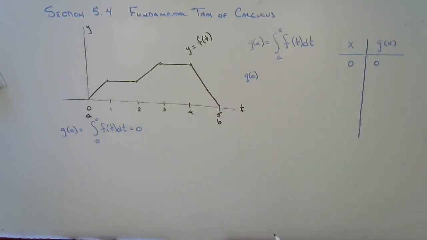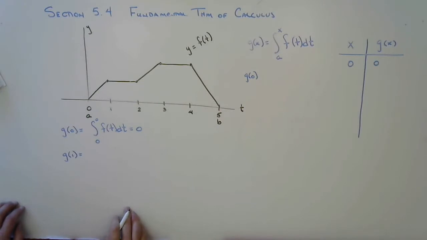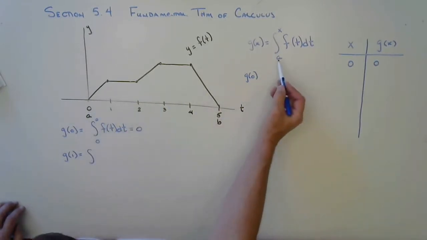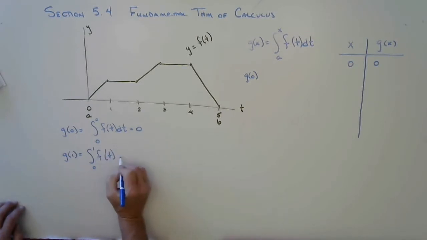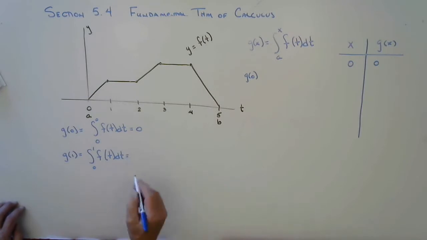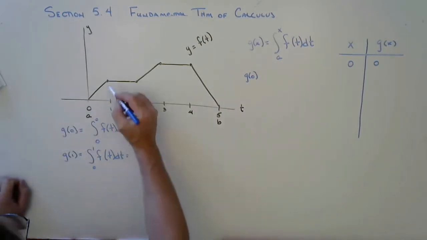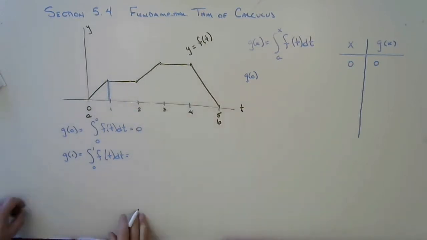Now, what is g of 1? Right? What's g of 1? Well, g of 1 is the integral from our a, which for our problem is 0. So that's the integral from 0 to 1 of f of t dt. So that's the area under this curve between 0 and 1. G of 1 is the area of this triangle.